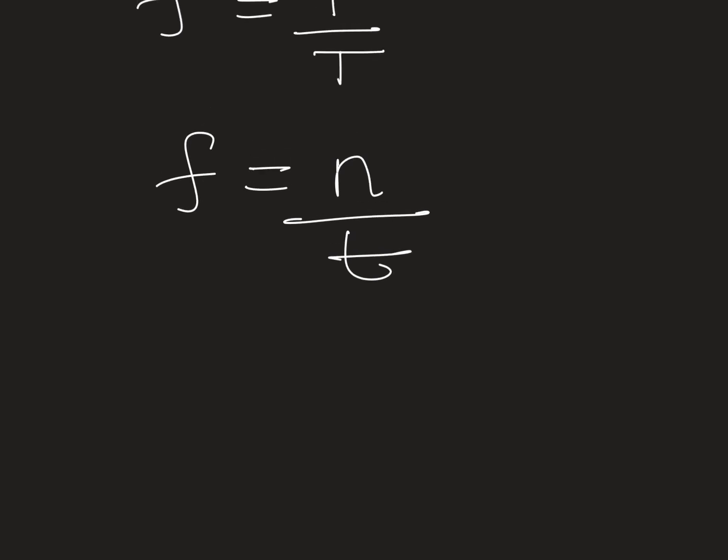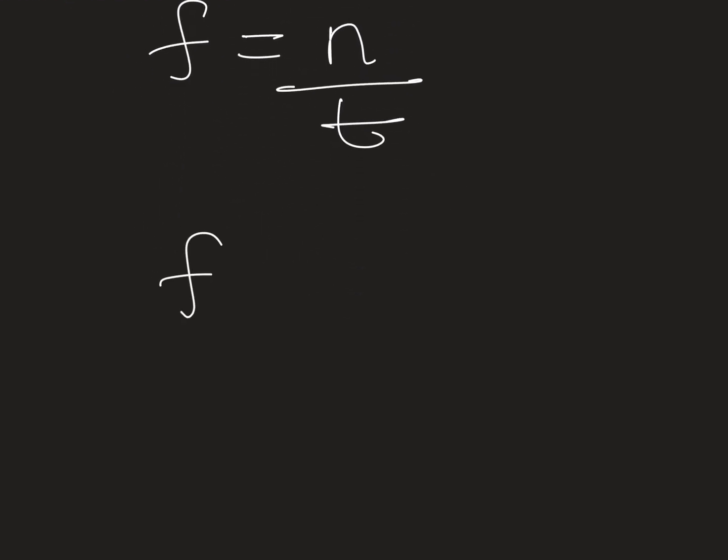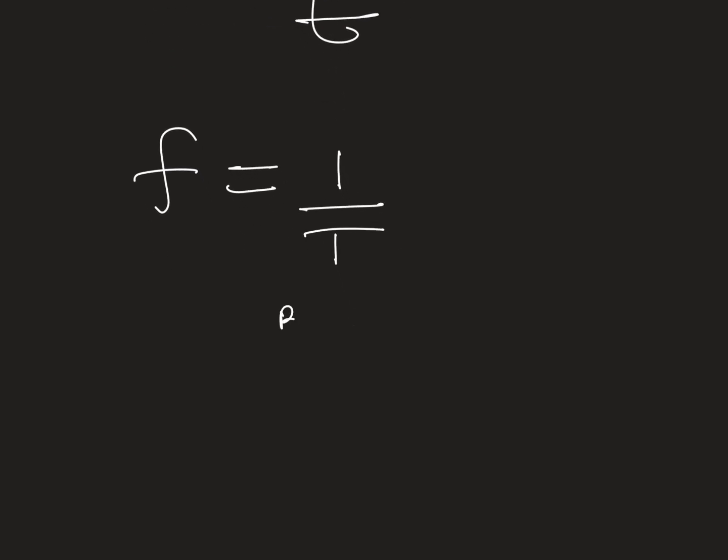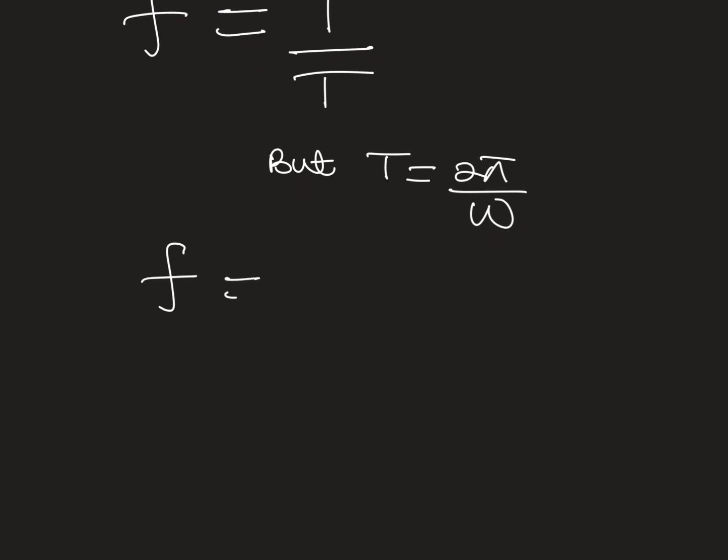And if we use the first formula, that is frequency is equal to 1 all over the period, but we know that the period is equal to 2 pi divided by omega. So that is going to be F is equal to 1 all over 2 pi over omega.